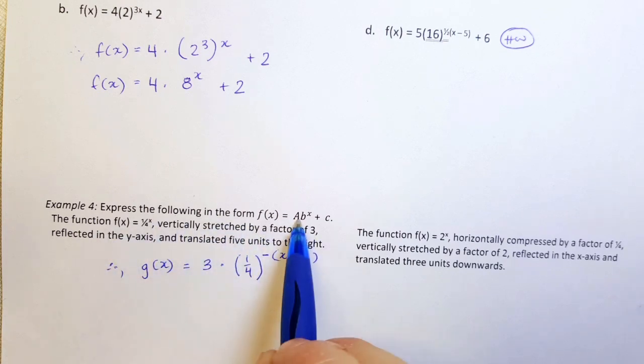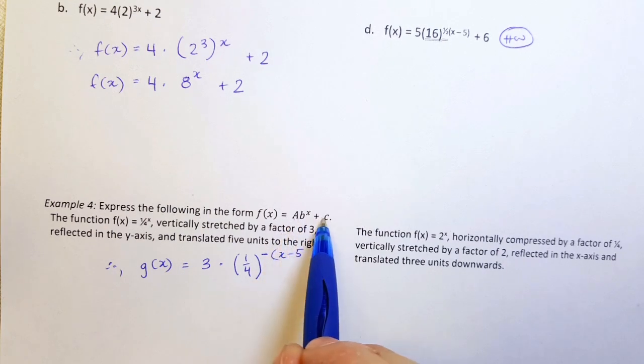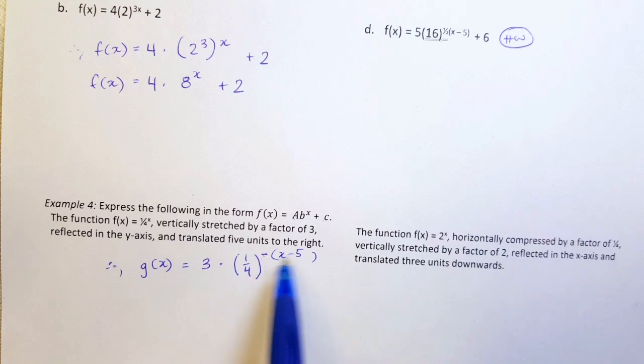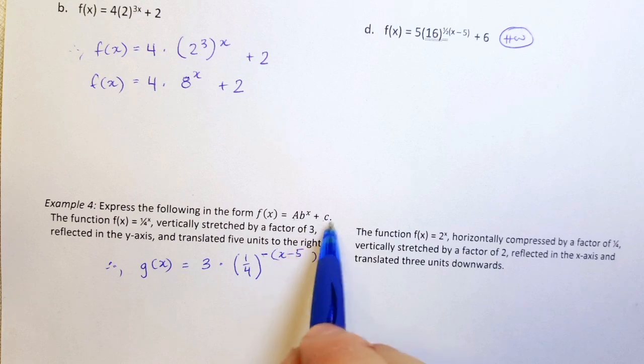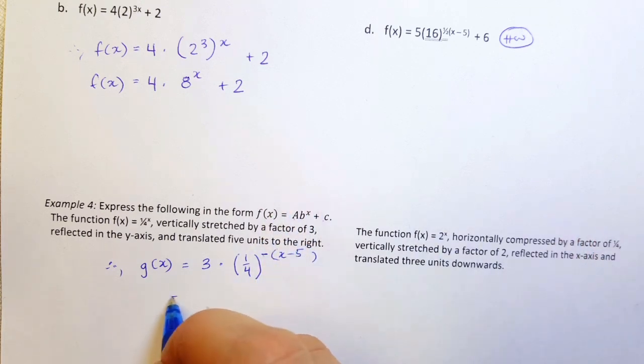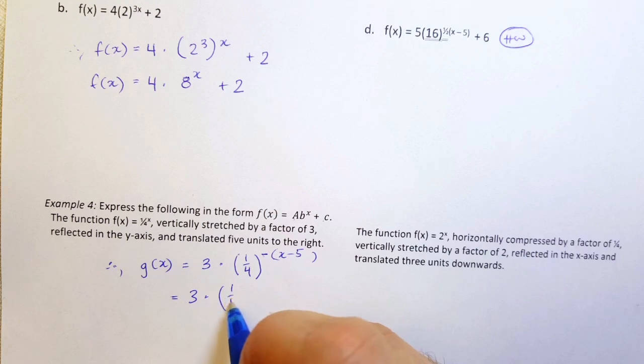But as you can see, it's not solely in terms of a vertical stretch and a vertical translation, because right here I've got my reflection in the y-axis and I have my horizontal translation. So I need to get rid of this and change my equation to this. So how do I do that? Well, I'm going to keep this vertical stretch factor and I'm going to rewrite this as 1 over 4.